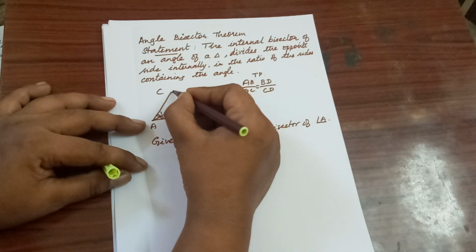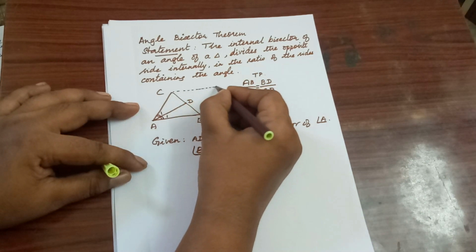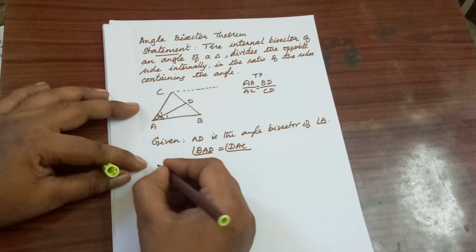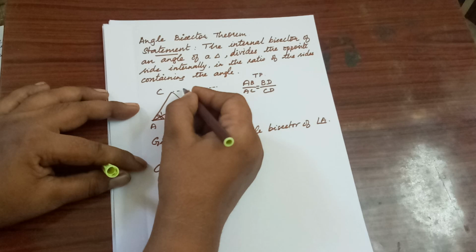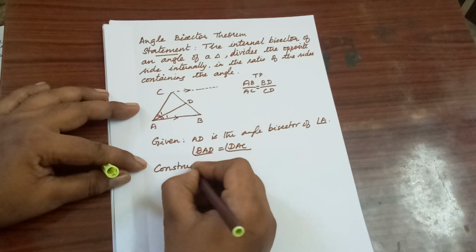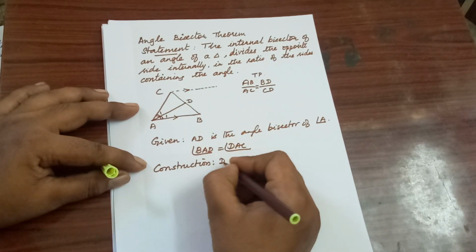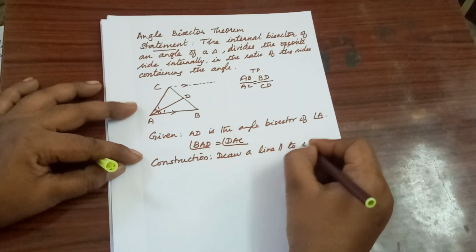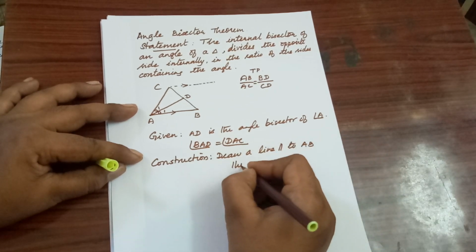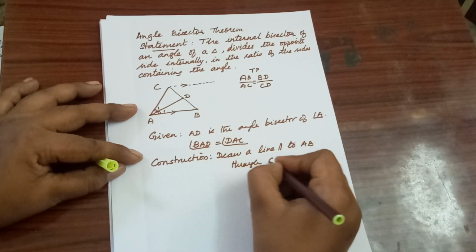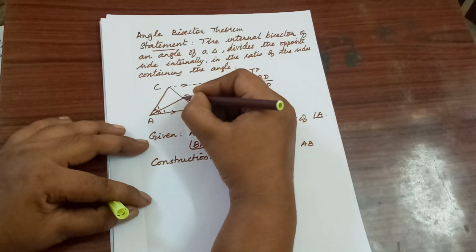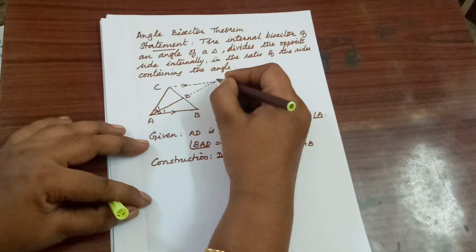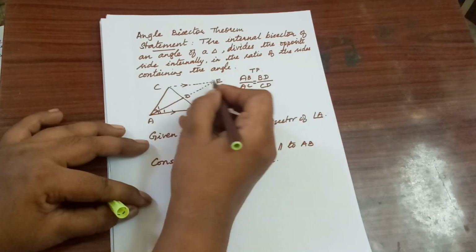Construction. We are going to construct a line parallel to AB through C. Draw a line parallel to AB through C, and then extend AD up to E to meet this line.